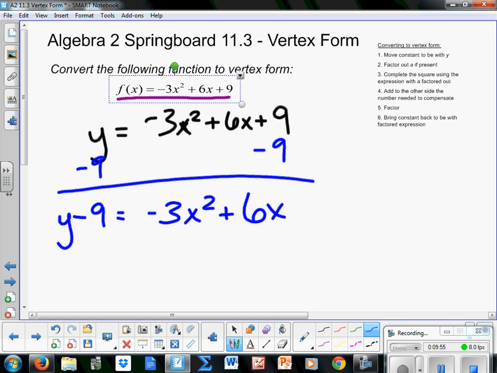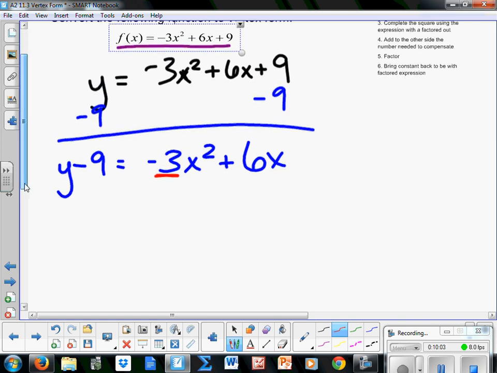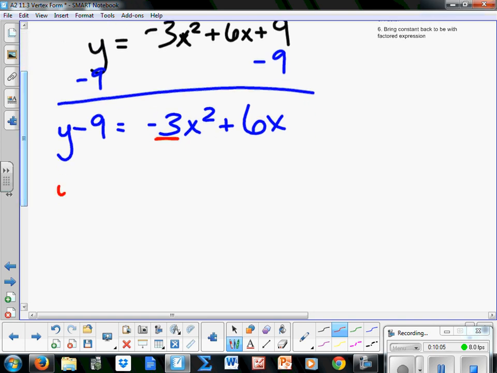Now the second step is we need to factor out a if it's present. Here we do have an a, right? The a is part of ax squared plus bx plus c. When we factor that out, we want to take it out of each term, so that when we multiply it back through, we get the same thing that we have right here.